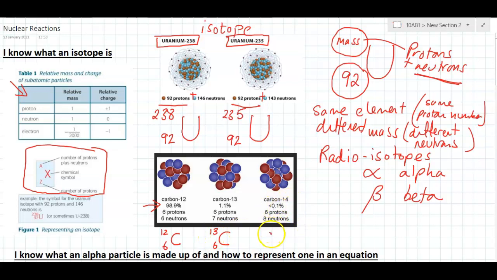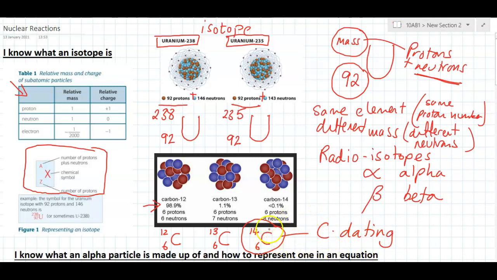And this isotope here is carbon. Its atomic number is 6. Its mass number is 14. Carbon 14 has 2 more neutrons than carbon 12. This isotope is radioactive and gives out beta radiation. Okay, it is a radioisotope of carbon. This is the carbon atoms that, if you watch an archaeology program, they use for carbon dating.